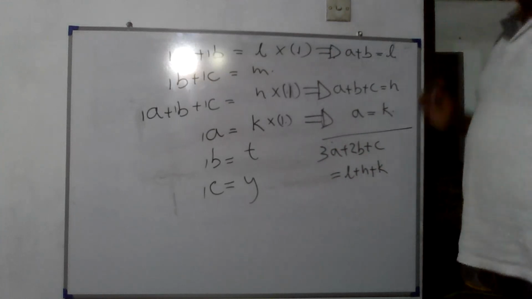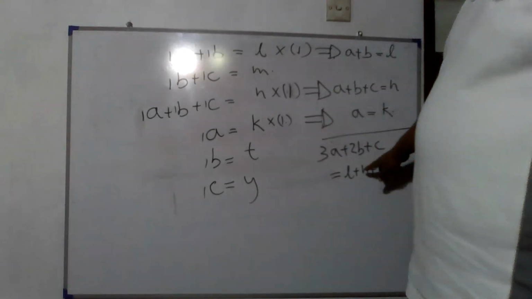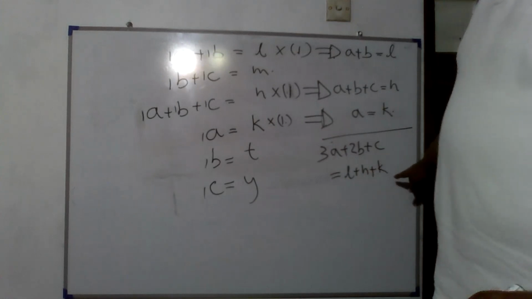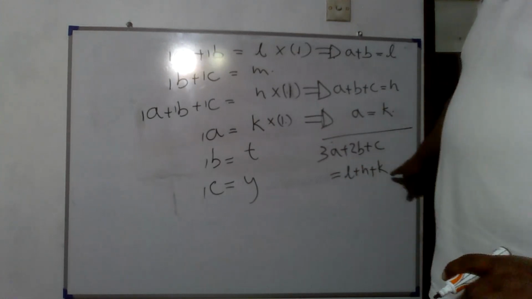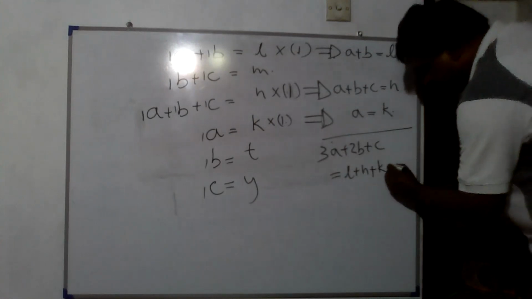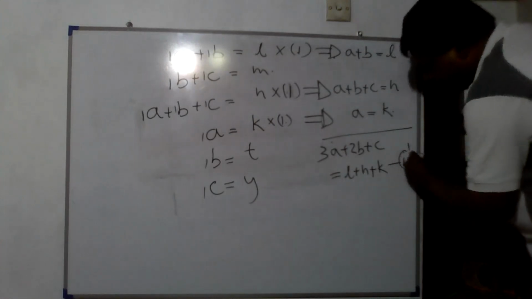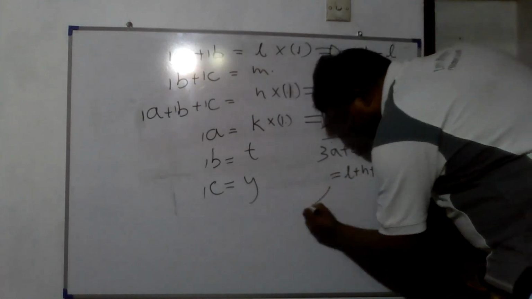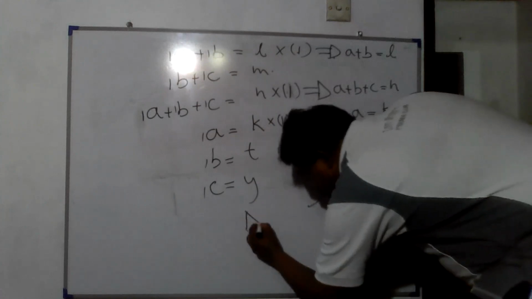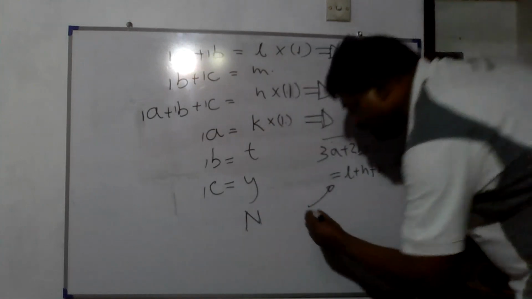In your exercise, these L, N, M are constants, constant angles. You can add them up and you can have an equation. Now this equation, you can call N1. This is the normalized equation. Can you see here? I think you can.